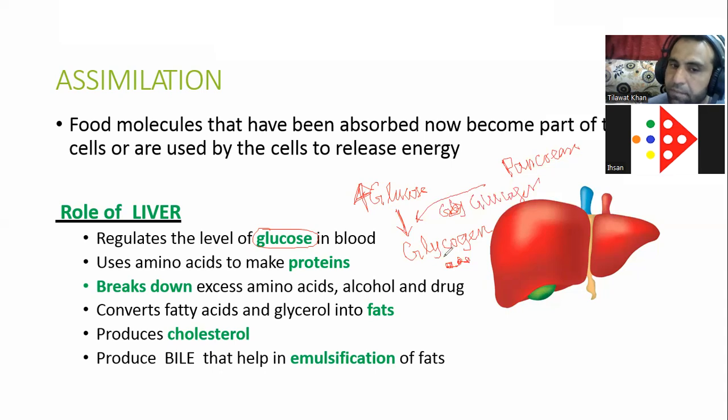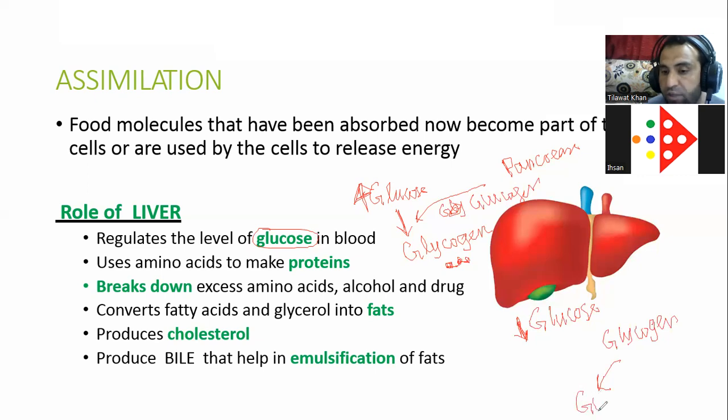You got it? Once your body needs glucose, let's suppose the glucose level in your body is less. What will happen at that time? Glycogen will convert into what?